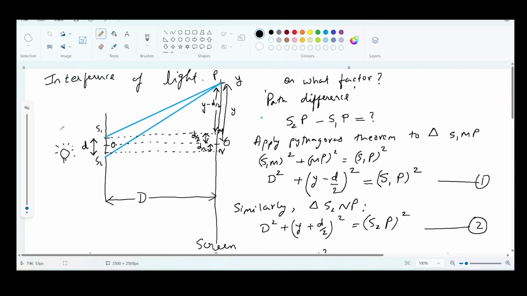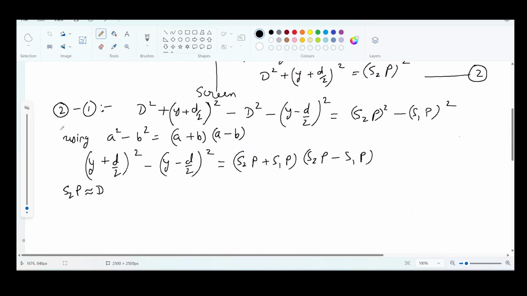S2p is approximately equal to d. One may say, oh, this approximation is not good, but I will tell you it is good in comparison to S2p minus S1p. So in comparison to this, it is a good approximation.